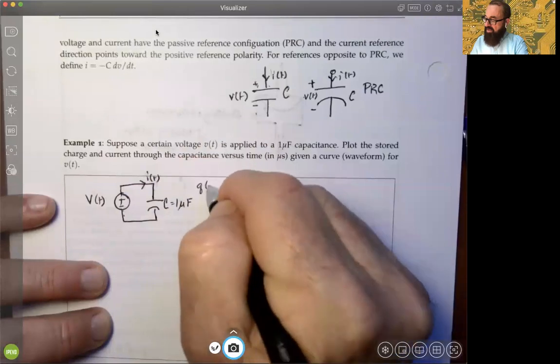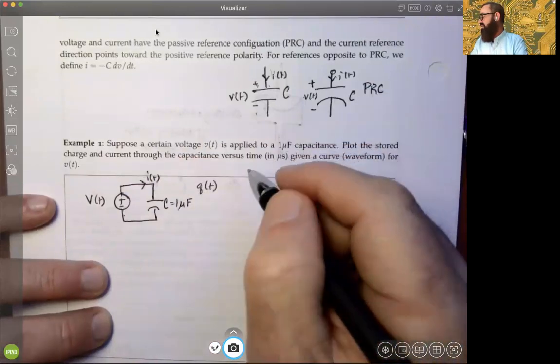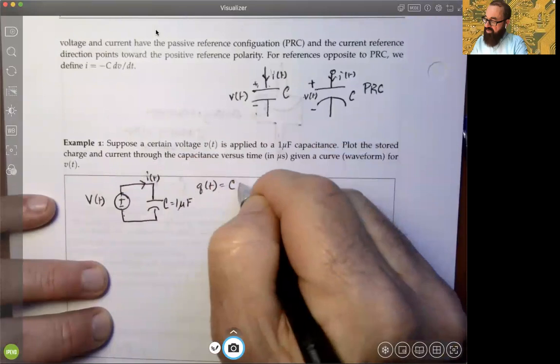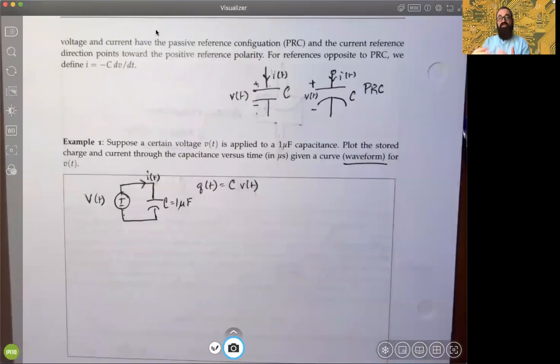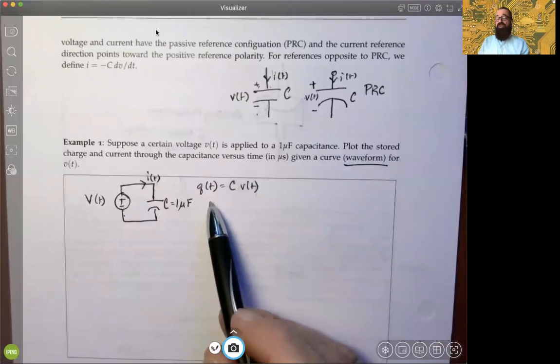We know that the charge, in this case, is the capacitance times the voltage, okay? So notice I'm not assuming a DC source now. I'm assuming now that the voltage can change. In other words, if you're given a waveform, we're talking about the fact that voltage is changing. So this is not a DC source. So in that case, there's a change in the charge too, right?